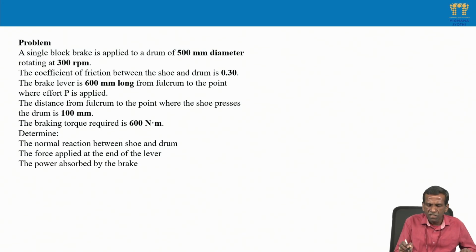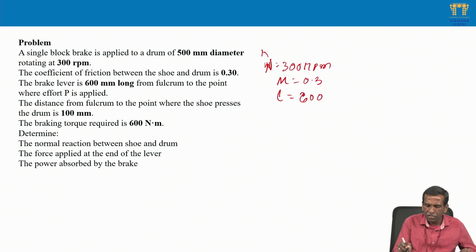Here in this case, a single block brake is applied, drum radius is given as R, and it is rotating at 300 rpm. So omega is 2 pi N, where N is given as 300 rpm. The coefficient of friction mu is given 0.3, and the brake lever is 600 mm long, the total length from pivot to effort point.